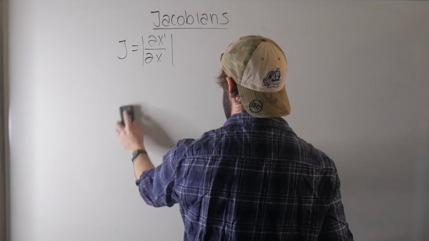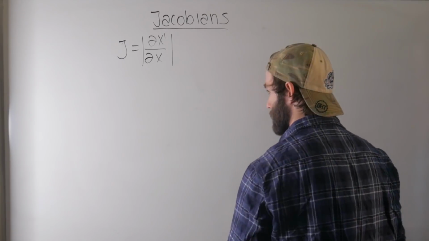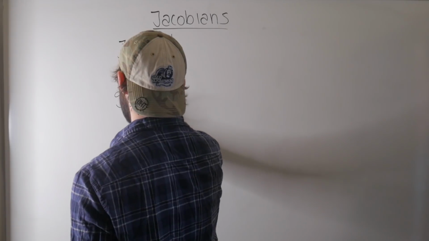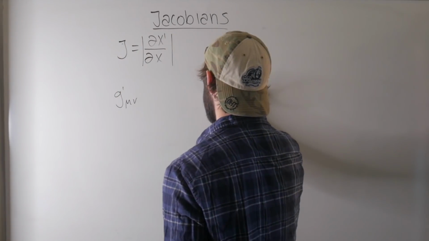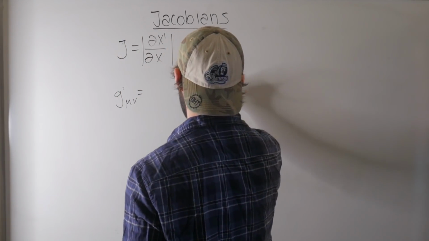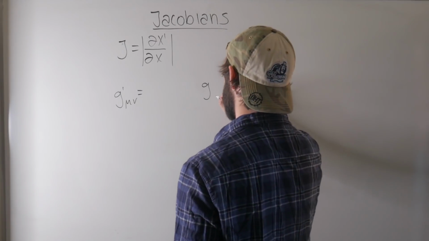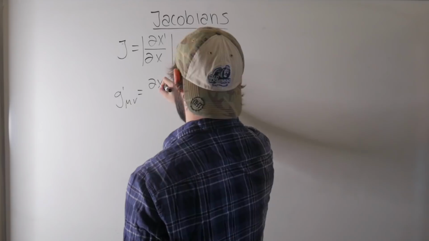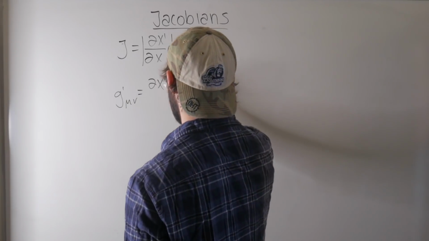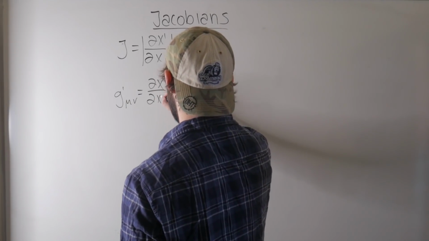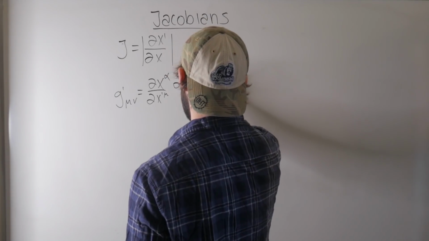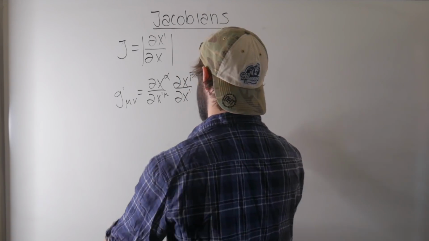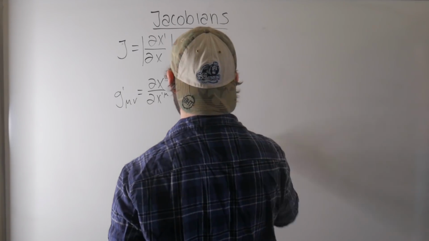If I have some g' mu nu, and I want to relate it to some old coordinates, let's say alpha beta, well that's going to be, you could probably do this in your head at this point, dx alpha over dx' mu, dx beta over dx' nu, times g alpha beta.